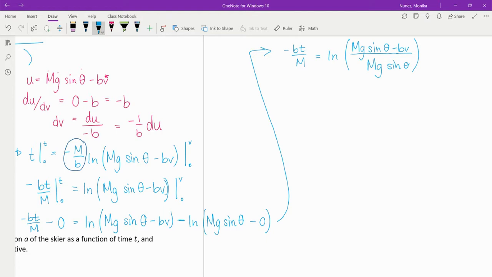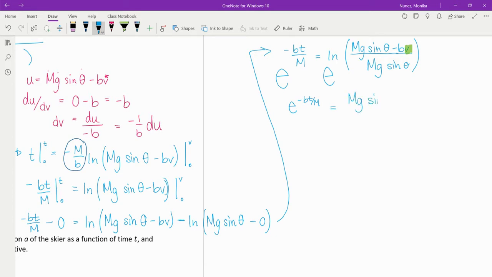Now, I eventually want to solve for that v again, just keeping in mind what we're trying to do. And because that v is in a natural log expression, the way to undo that is to do that exponential raised to that power. So my left-hand side becomes e to the negative bt over m. My right-hand side, the e and the ln cancel each other out.